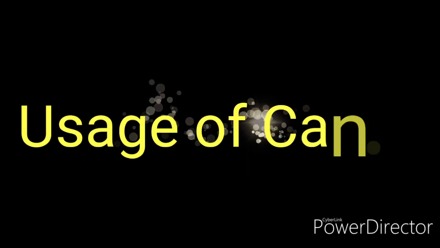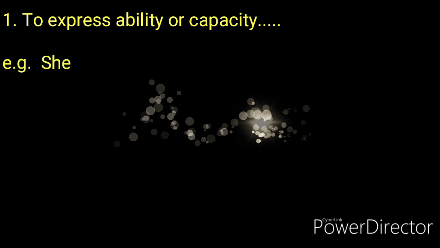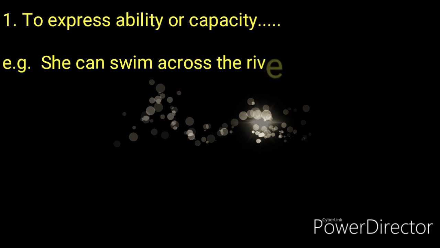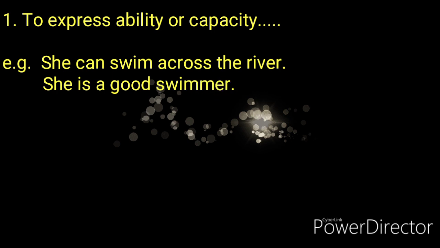Usage of can. First use of can is to express ability or capacity. Ability is related to mind, while capacity is related to physical power. First example, she can swim across the river.